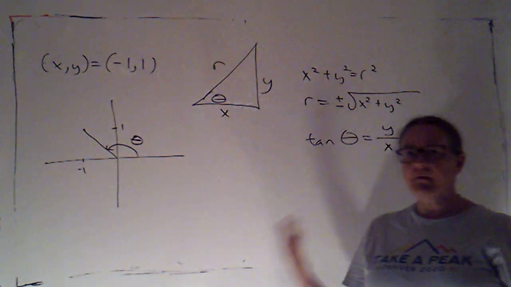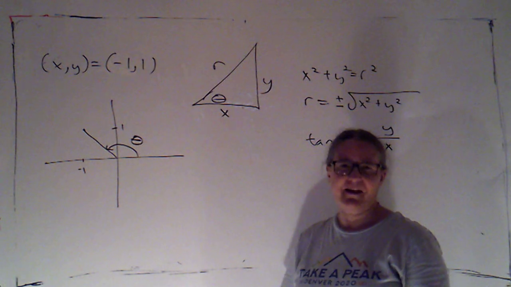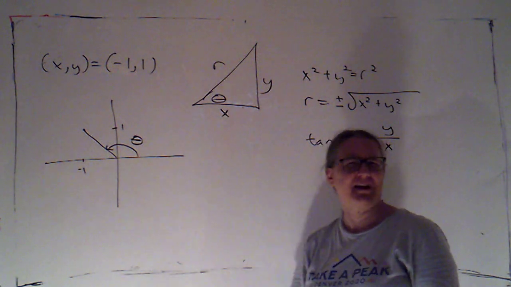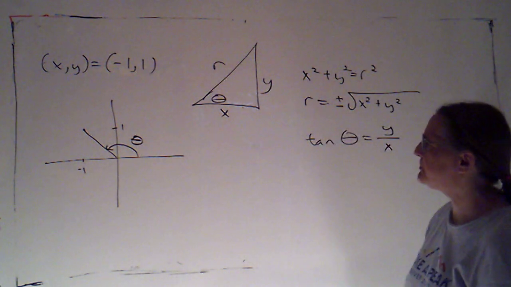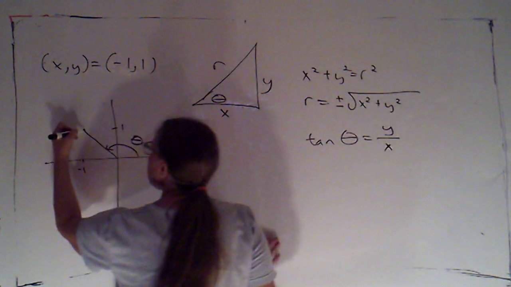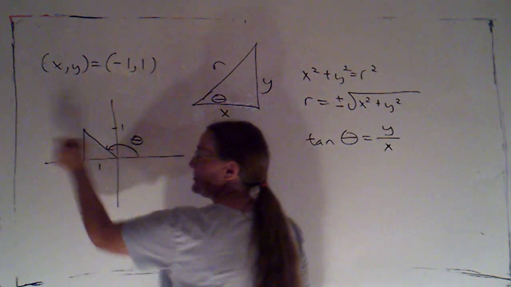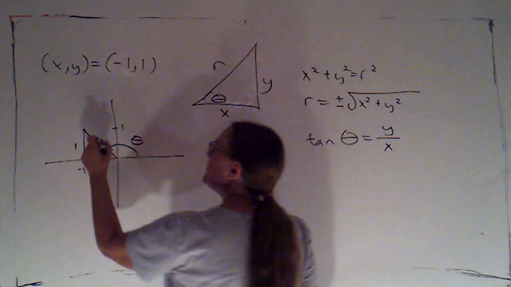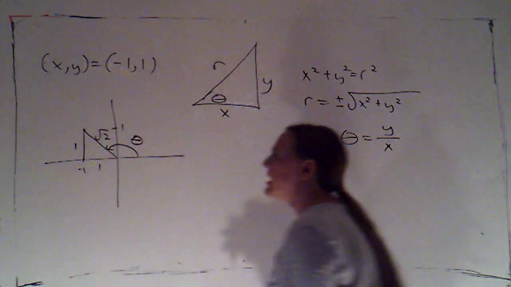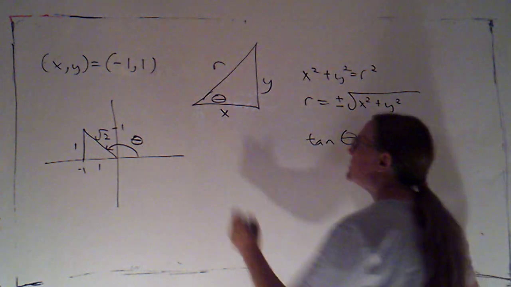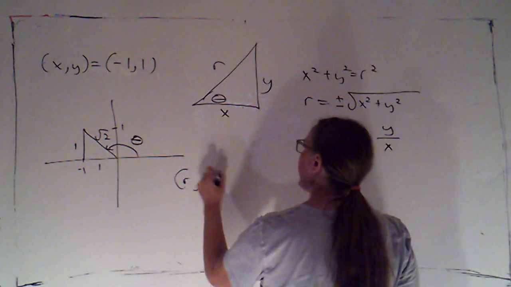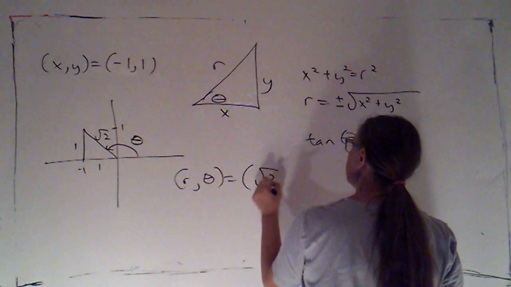If I'm not told otherwise, I always choose r positive so that theta lands in the quadrant that I want to work in. That's just simpler. So if I take a look, just labeling the side lengths of this triangle, those would both be 1. Pythagoras gives me that the hypotenuse is going to be root 2. So I could say r is going to be root 2.